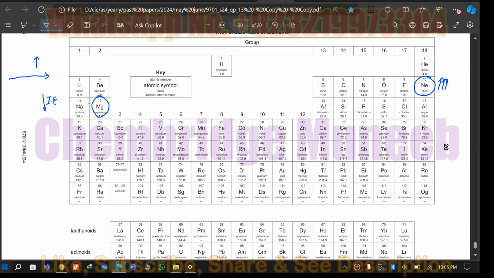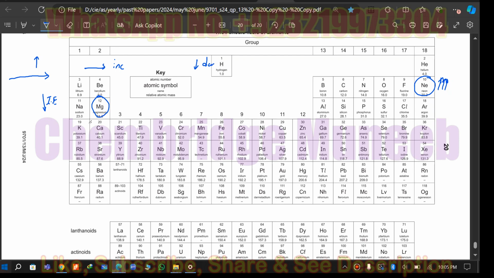So definitely all the elements just below neon will have smaller ionization energy. But again, magnesium is not right below neon. Instead, it is on the left side, and the ionization energies on the left side have definitely a smaller ionization energy, and it keeps increasing from left to right. Ionization energy increases from left to right, and from top to bottom it decreases.